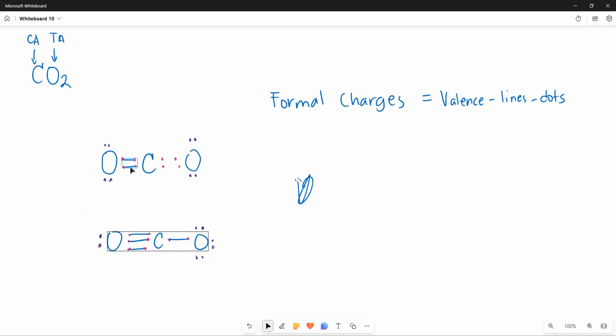If you count the number of electrons immediately surrounding the atom, that means it will not extend to the other end of the bond. If you count that and subtract it by its valence electrons, then you have the formal charge.